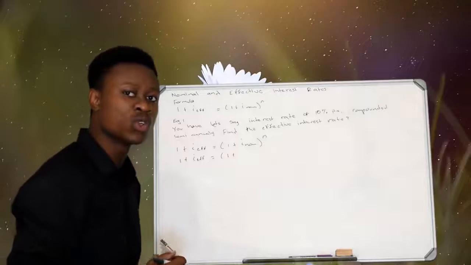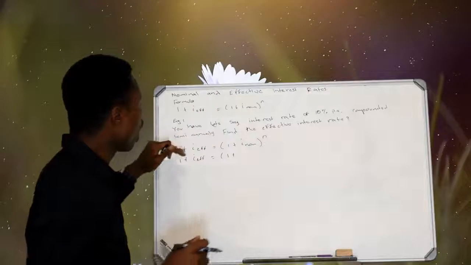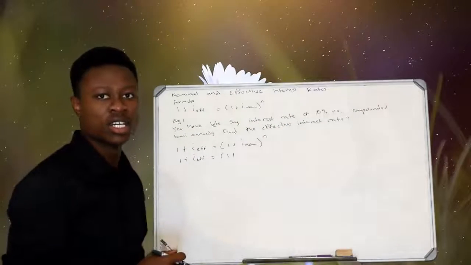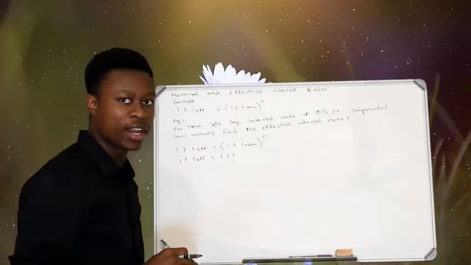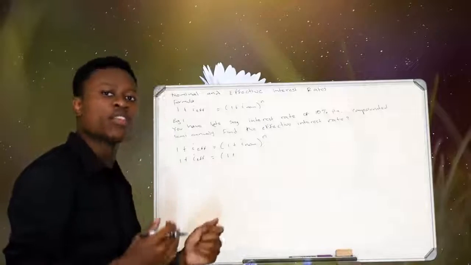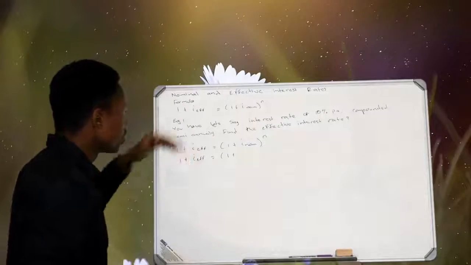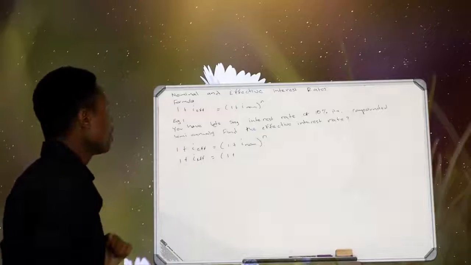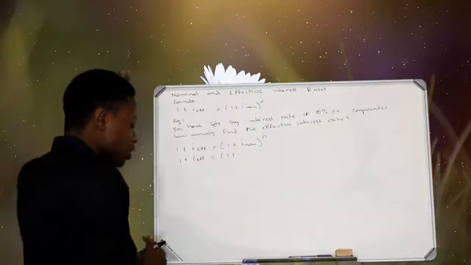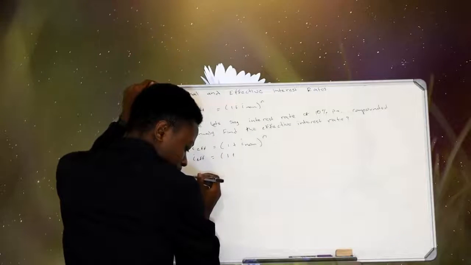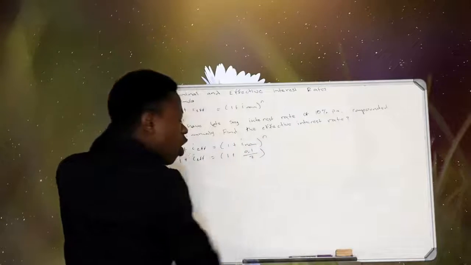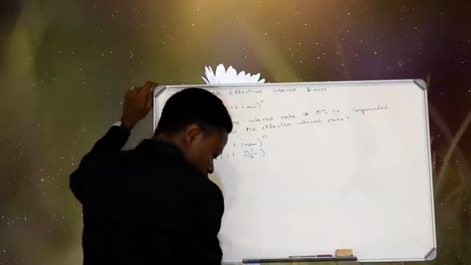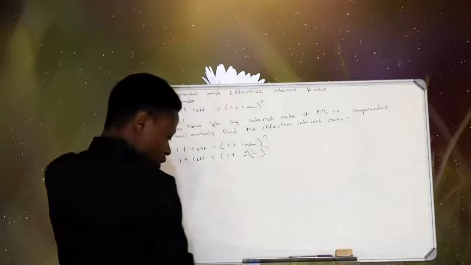I have to say over what period this compound interest is paid. Is it quarterly, monthly, or semi-annually? Since this question is saying it's semi-annually, it'll be 0.1 divided by 2, to the power of 2, right?